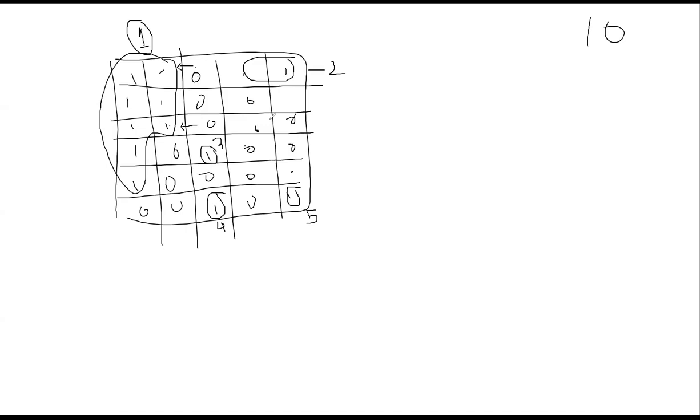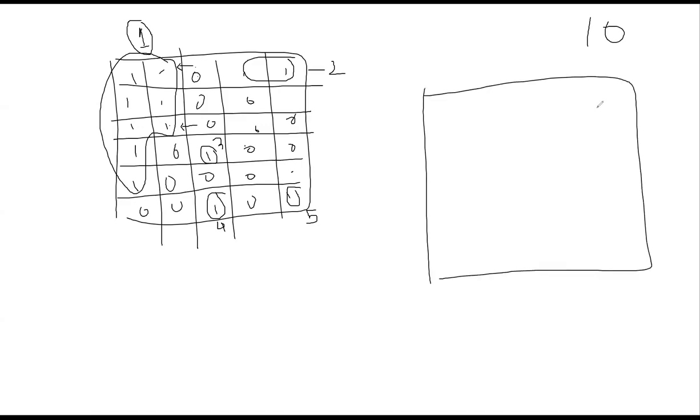What we can do is store all the values. If you have this island one and its size is 8, let's say, we can make a new 2D array wherein we can store 8 everywhere for all the values.